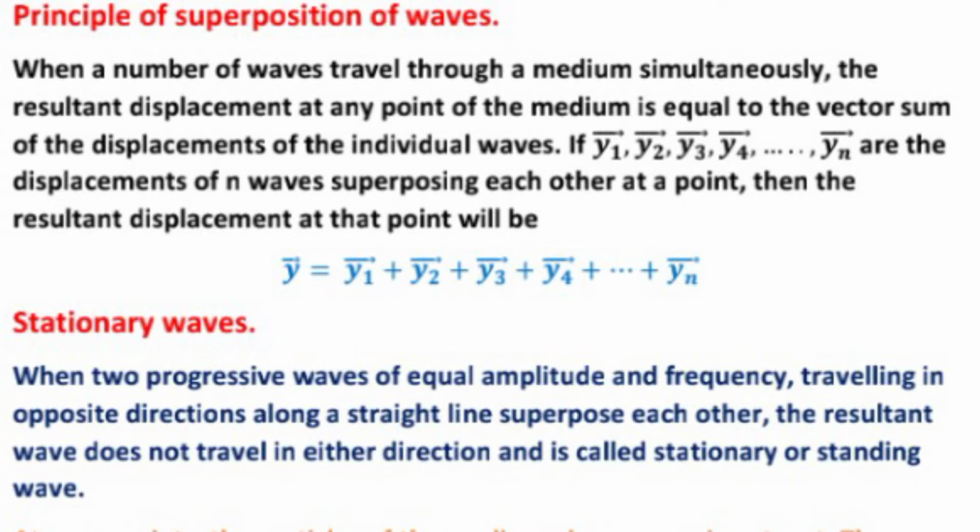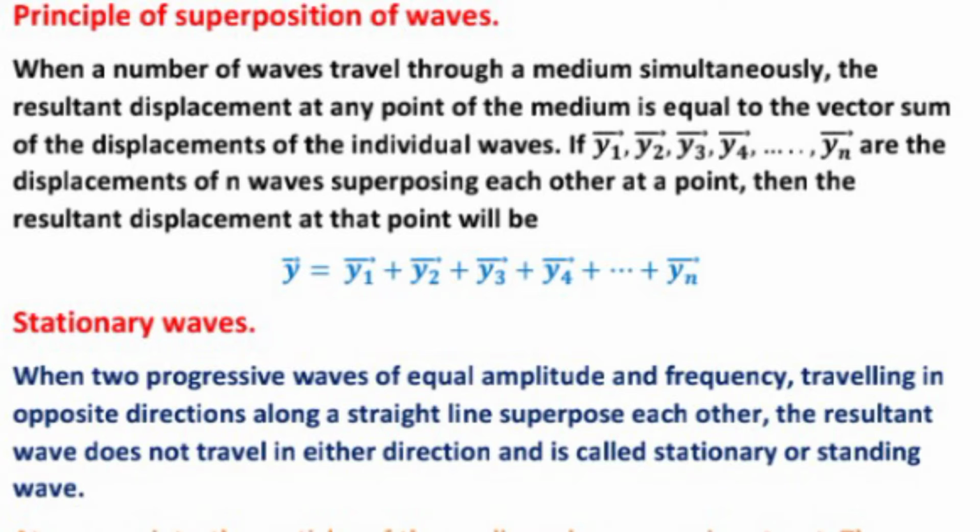If vector y1, vector y2, vector y3, vector y4, ..., vector yn are the displacements of n waves superposing each other at a point, then the resultant displacement at that point will be vector y equals vector y1 plus vector y2 plus vector y3 plus vector y4 plus ... vector yn.